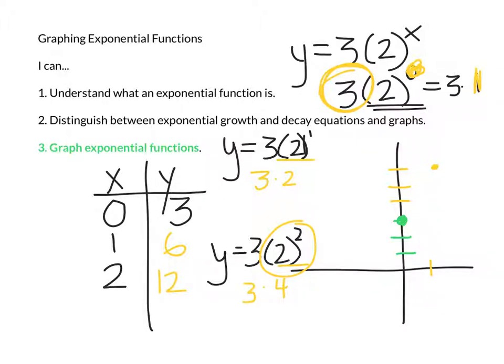So when I get over to 2, I'm all the way up to 12. Exponential growth, like I said before, rises very quickly. The farther this number, the ratio, is from 1, the faster it grows or decays. That's something that's nice to know.